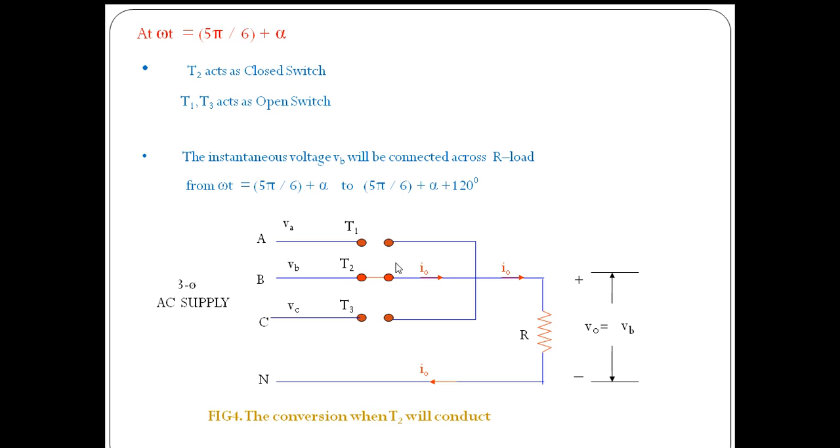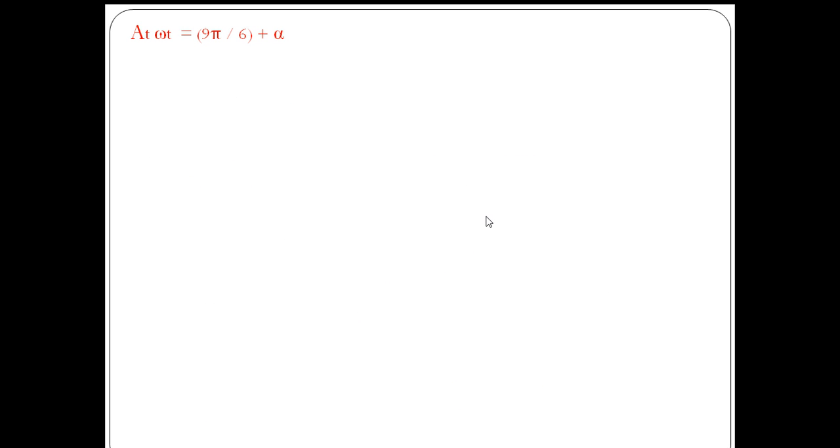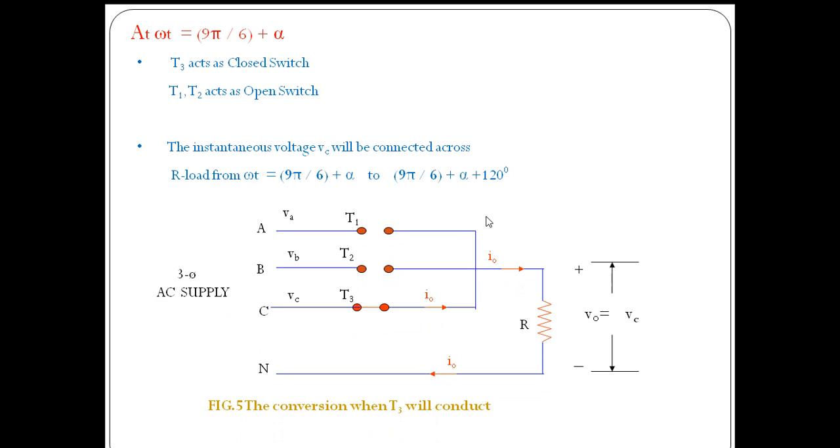When T2 is in conduction, the phase B voltage will be connected to the load. So the load voltage will be the phase B voltage, neglecting a small voltage drop across thyristor T2. This process continues for a duration of 120 degrees, because each thyristor will be in conduction for 120 degrees. Next, after again 120 degrees, ωt = 9π/6 + α.